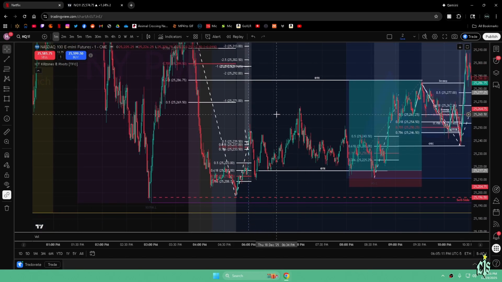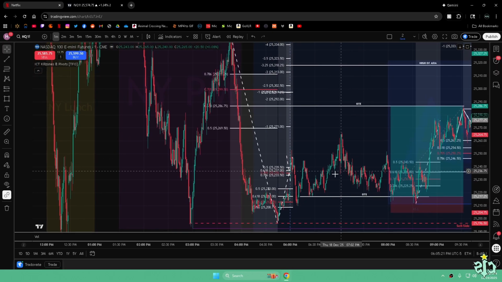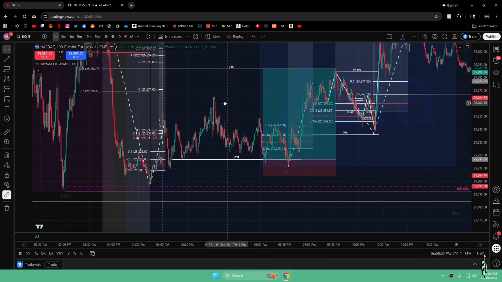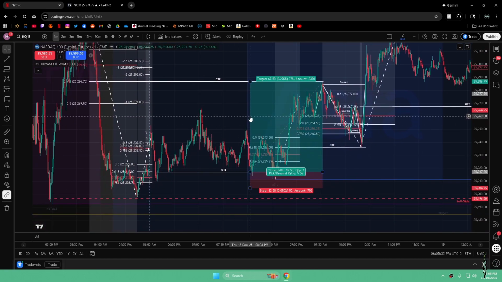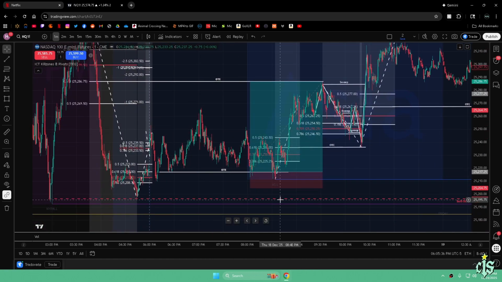Some type of volatile movement. 7 o'clock, some type of market induced volatility. That's induced volatility at 7 to 7:30. Okay. Asia open, always some type of volatility.